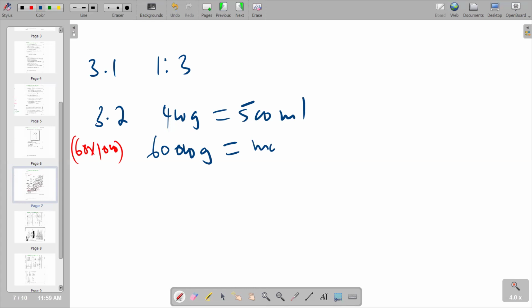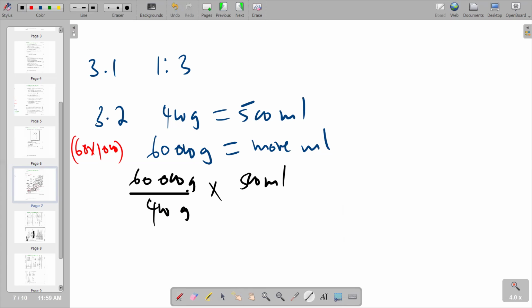Of course, we are going to have more milliliters. So in that case, we put down our proportion: the 60,000 becomes our numerator, and 400 becomes our denominator. And then we multiply by the given figure, 500 milliliters. So this is what we have.